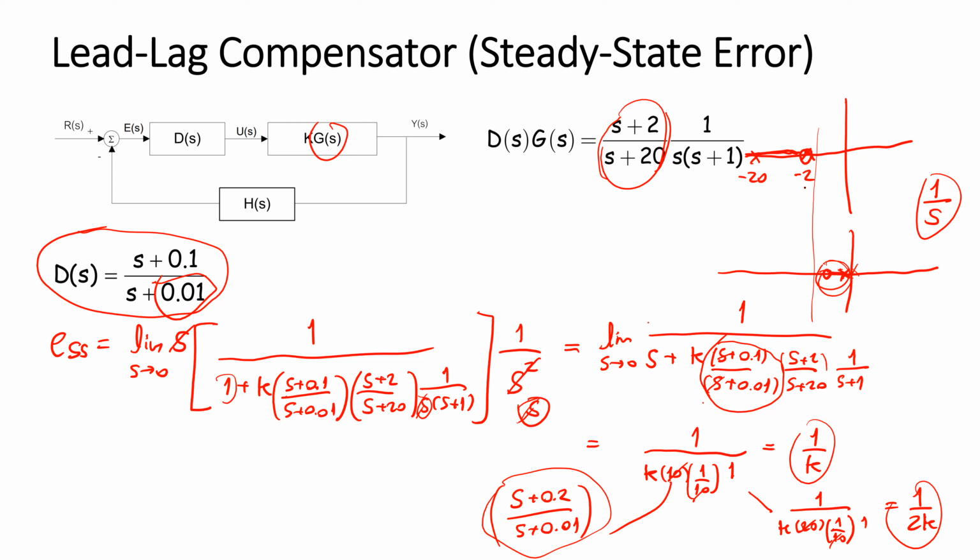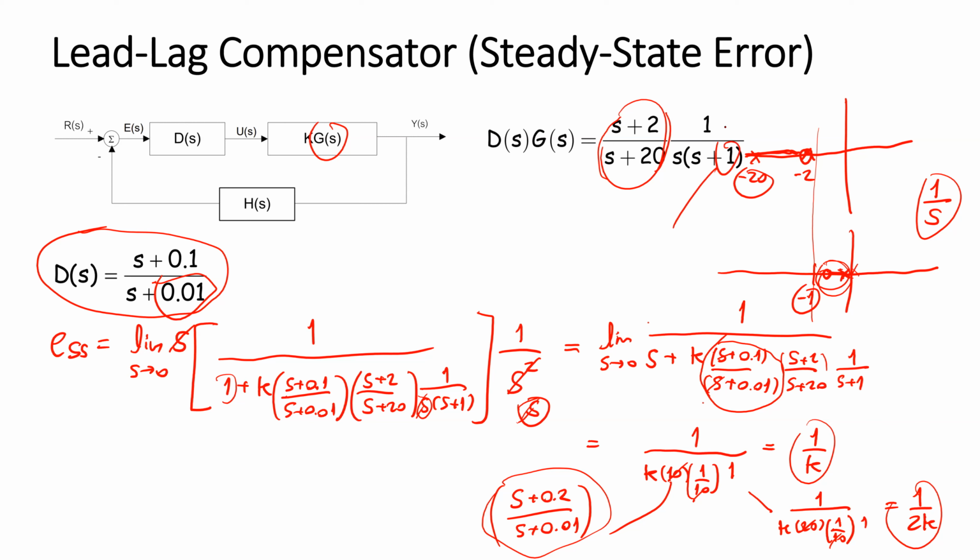In our system, the dominant pole is -1. For the lead compensator, we select the pole far away, about 20 times of -1.